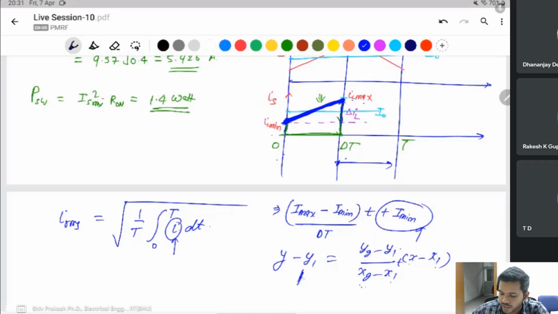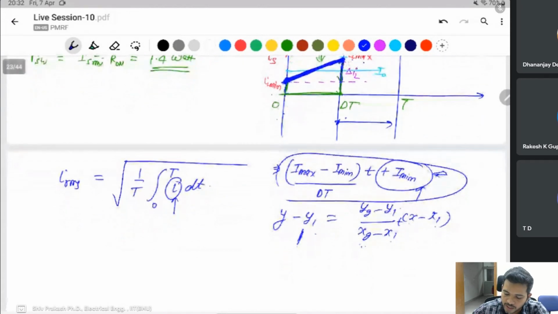Then the expression of this line is I maximum minus I minimum, into t divided by dt, plus I minimum.